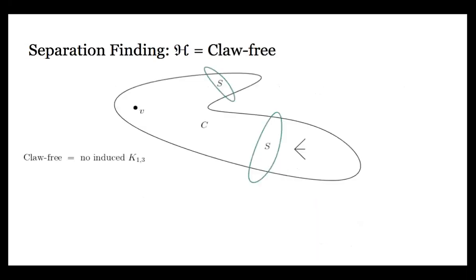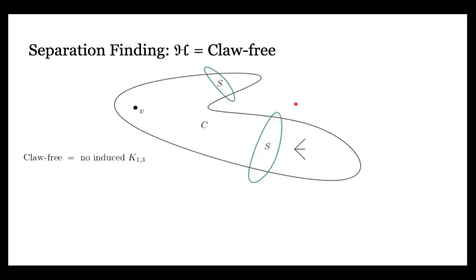As another example, let me talk about separation finding for graphs excluding induced subgraphs, and in particular, let us focus on claw-free graphs. So a claw is an induced subgraph of this shape. So one vertex connected to 3 vertices which are not connected to each other, and a graph is claw-free if it doesn't admit such a structure as an induced subgraph.